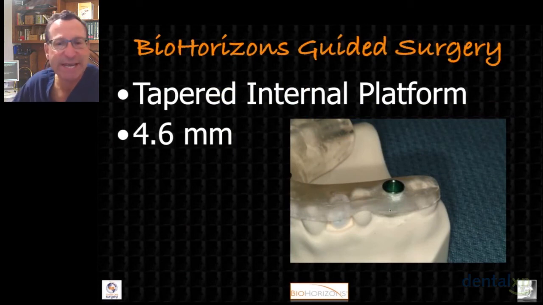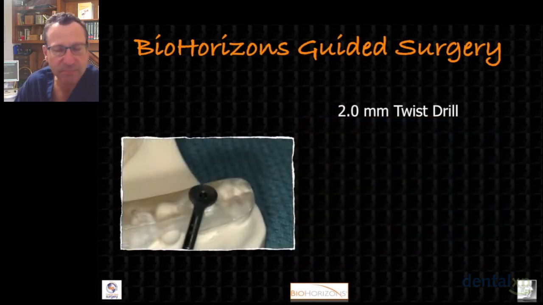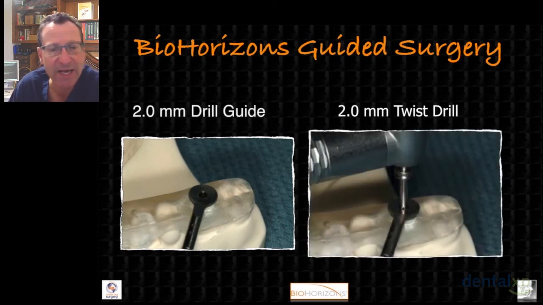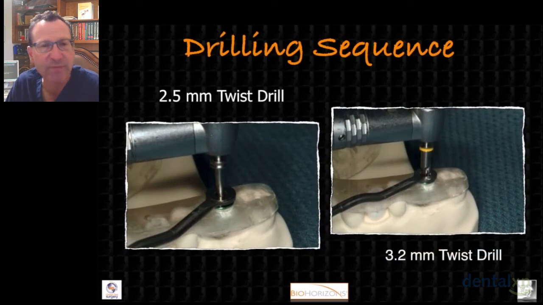So this is a tapered internal platform 4.6 millimeter implant. This is the green guide sleeve that's used because it's a 4.6 millimeter implant with a platform shift. We start off with our 2.0 twist drill being placed into the master sleeve on the surgical guide, and then the 2.0 twist drill is used, and we do all our drilling with light pressure and copious irrigation.